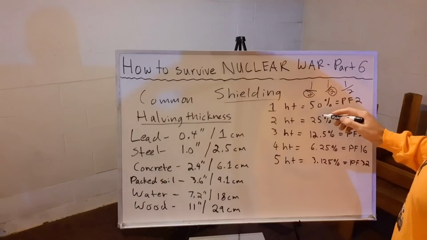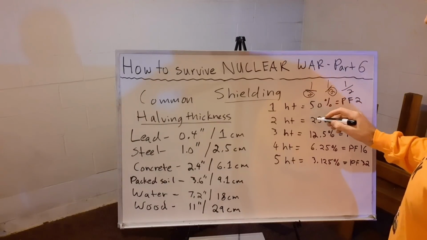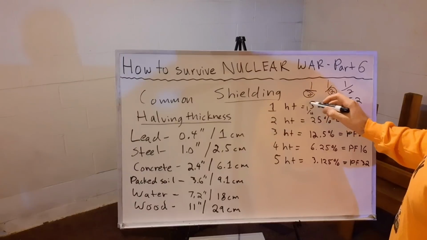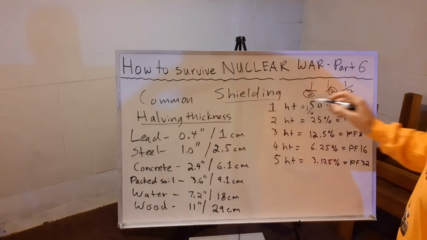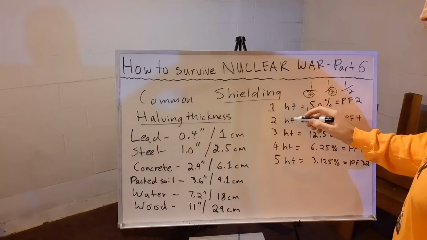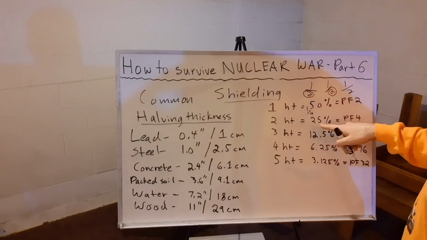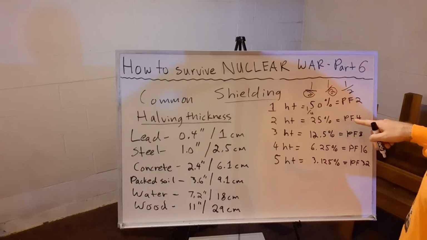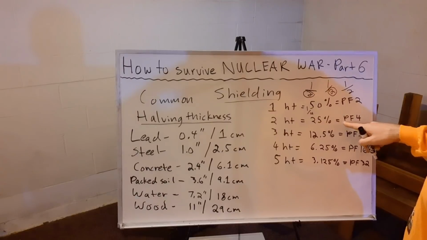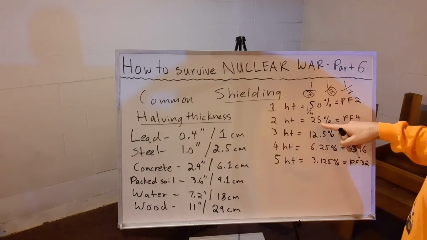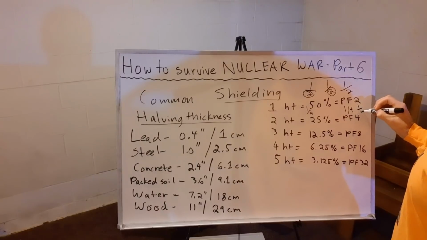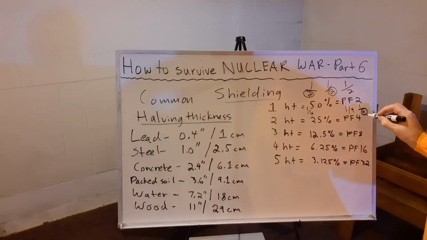So you're going to reduce the radiation quite a bit, and you're only going to get 1/4 of the radiation, because you were at 50% radiation with the 1 halving thickness. Now you're at 2 halving thicknesses, so you're only getting 25% of the radiation now. Therefore you have a protection factor of 4, because you have 25% or 1/4. So your protection factor is 4.